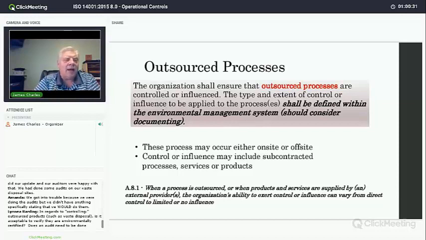So here's where, again, I would challenge you guys to push back a little bit on your registration auditor, because the words in the standard don't give them the authority to decide what's outsourced and not. So if they ask the question, what processes do you consider to be outsourced? And you tell them, you conform to the words. There is no nonconformity to be had. So that's the point where they can make a suggestion.